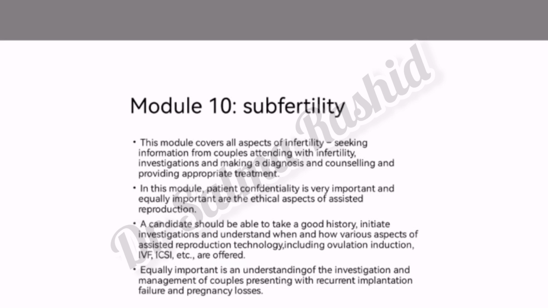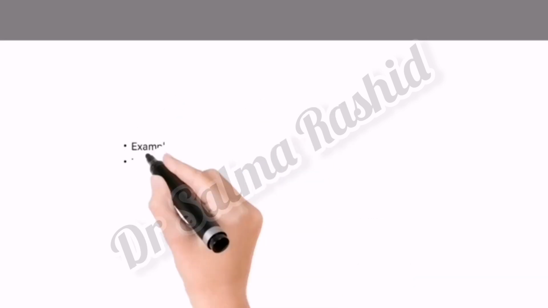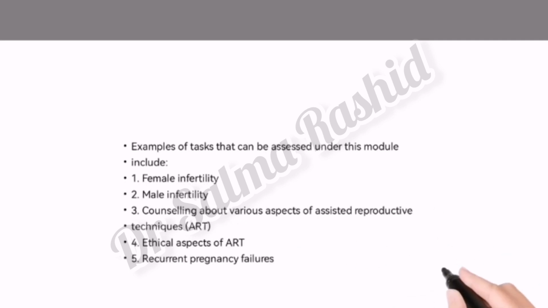Equally important is an understanding of the investigation and management of couples presenting with recurrent implantation failure and pregnancy losses. Examples of tasks that can be assessed under this module include female infertility, male infertility, counseling about various aspects of assisted reproductive techniques, ethical aspects of ART, recurrent pregnancy failures.